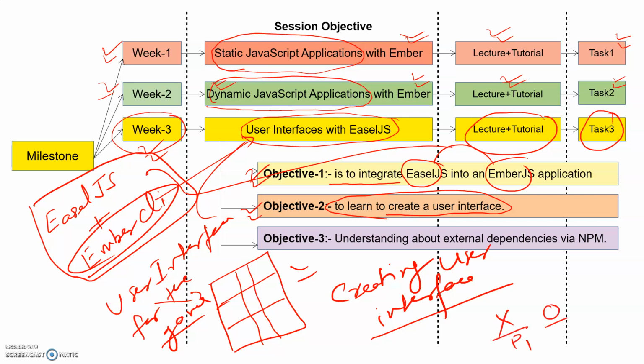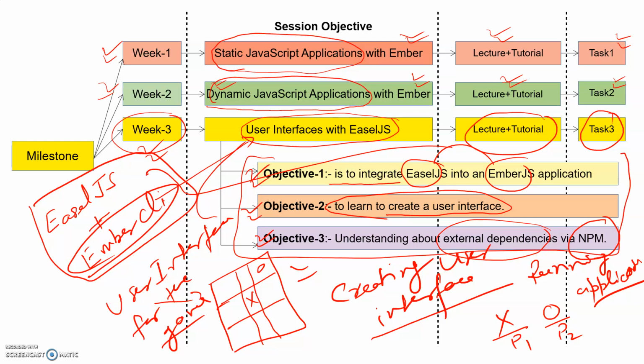This is for player 1, this is for player 2, and the user will play this game by inserting the notation cross or 0 in this interface. And then we will discuss how you can use npm for setting external dependencies for running the application. So we are going to work on these 3 objectives one by one to achieve this aim of week number 3.